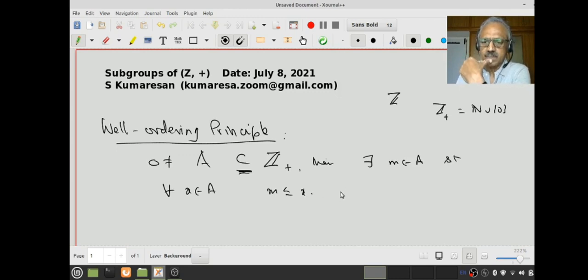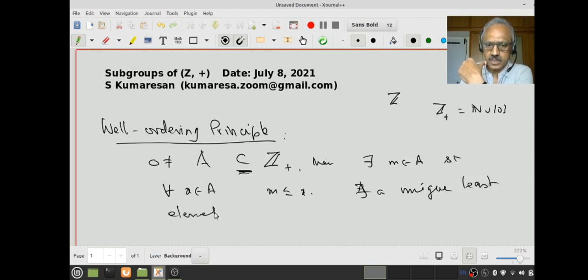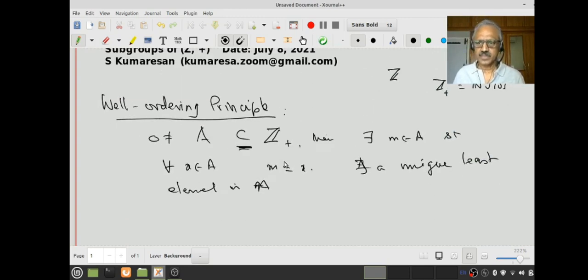That is, one usually says there exists a unique least element, that is, the smallest element in A. This is intuitively obvious, but it's one of the so-called Peano's postulates, at least for the set of natural numbers. We extend it to Z plus. This is the first ingredient.